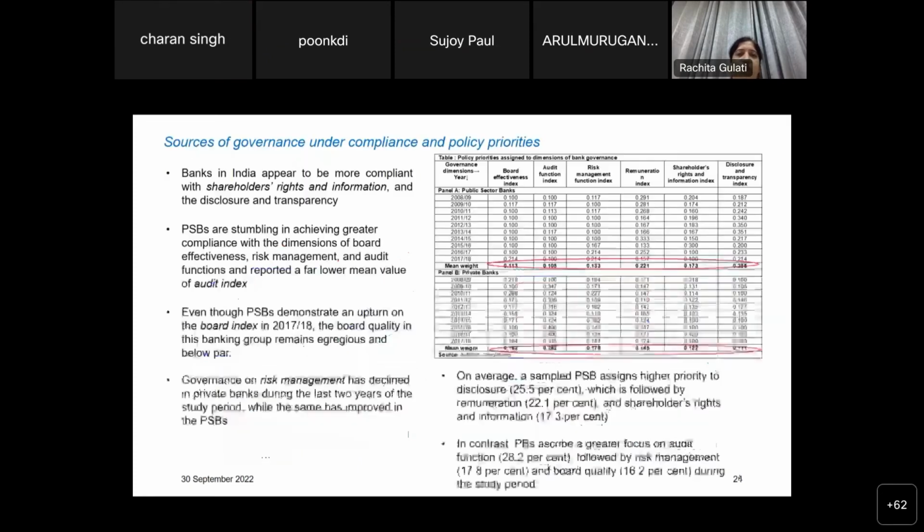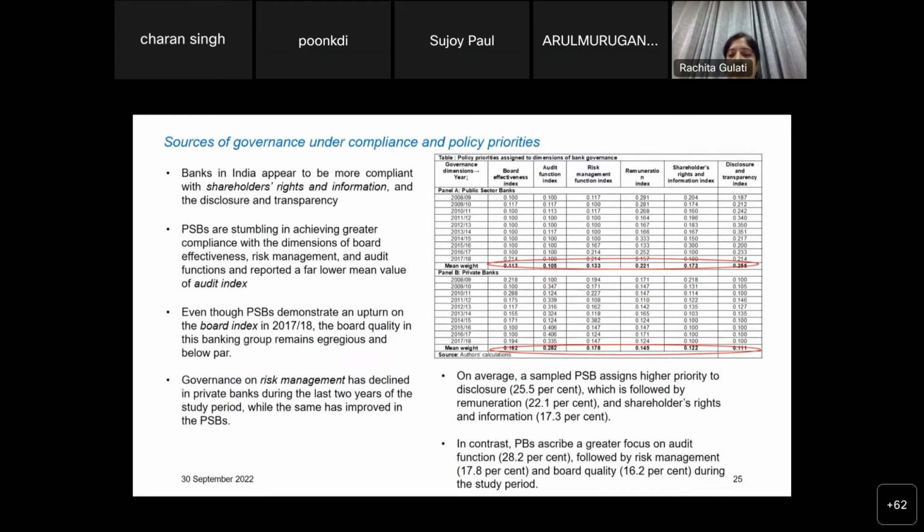As far as the sources of governance under-compliance and the policy priorities are concerned, we note that the banks in India appear to be more compliant with the shareholder rights and the information, disclosure and transparency, which we broadly categorize as the principles related to equity governance. Public sector banks are still stumbling in achieving greater compliance with the dimensions of board effectiveness, risk management, and audit functions, broadly categorized under the debt governance category, and they reported a far lower value for the audit index.